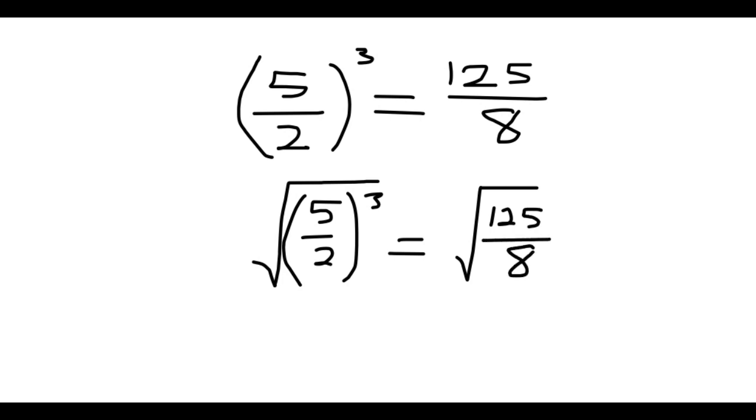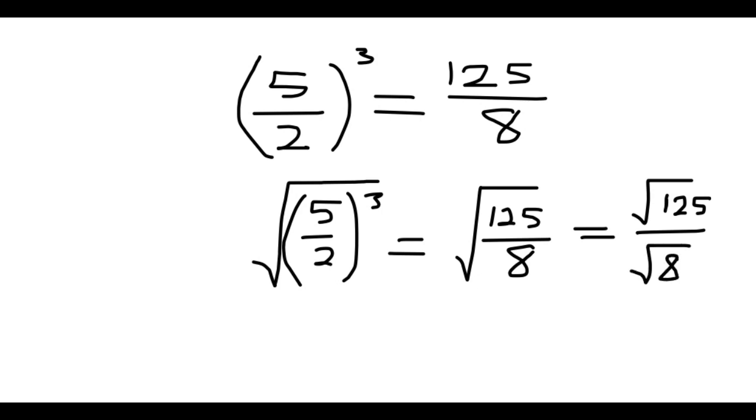What we need to do here is to simplify the numerator and the denominator respectively. You can also recall that this can be written as the square root of 125 over the square root of 8.